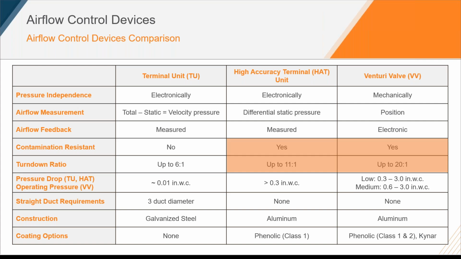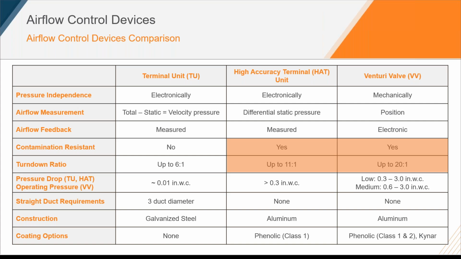The last two I just want to highlight here are two critical ones: contamination resistance and turndown ratio. With your standard accuracy terminal unit, you're not going to get any ability for contamination resistance, and you're going to get the lowest turndown ratio.